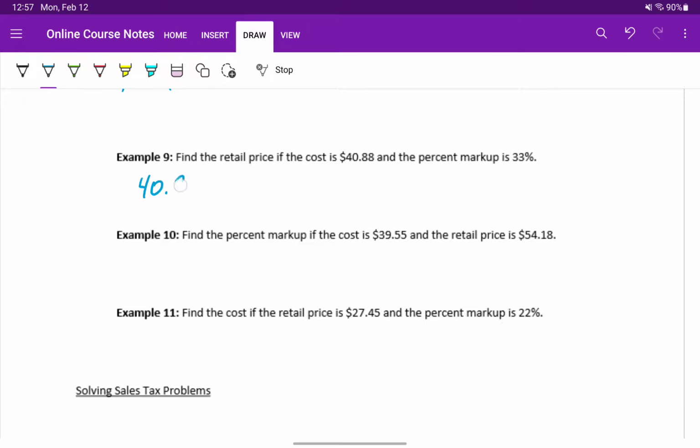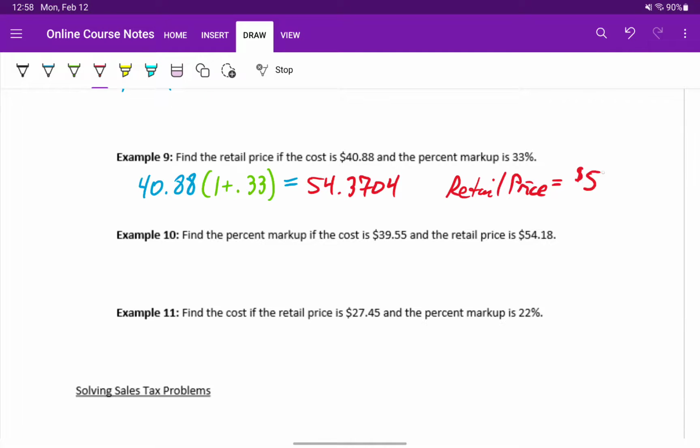So we'll take that cost, which is what they paid for the item, times 1 plus 0.33, and multiplying that together will give us 54.3704, meaning the retail price that they sell this item for will be $54.37, so that they're selling that item with a 33% markup.